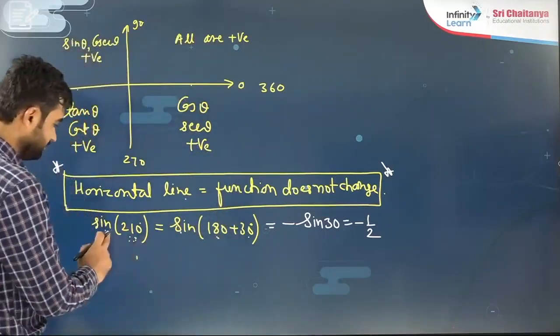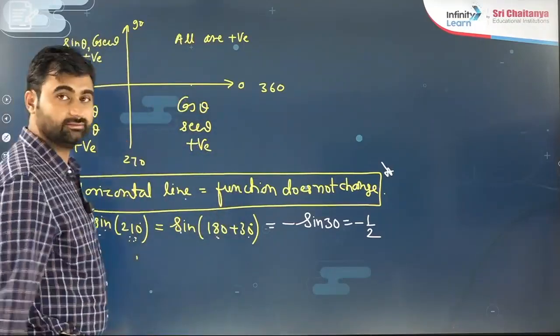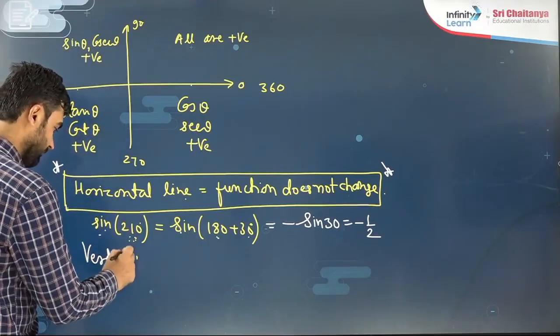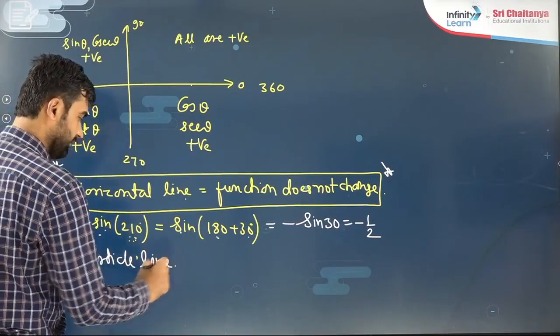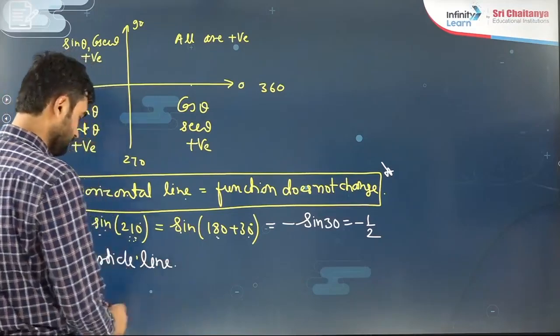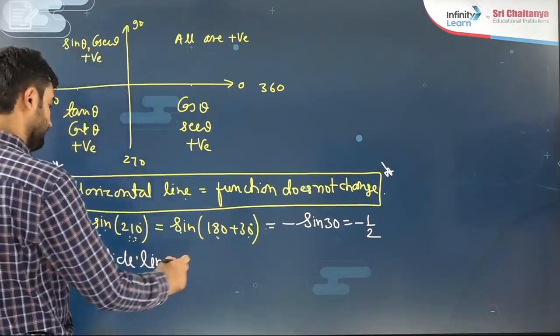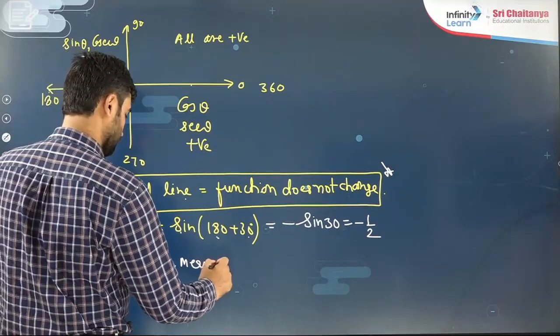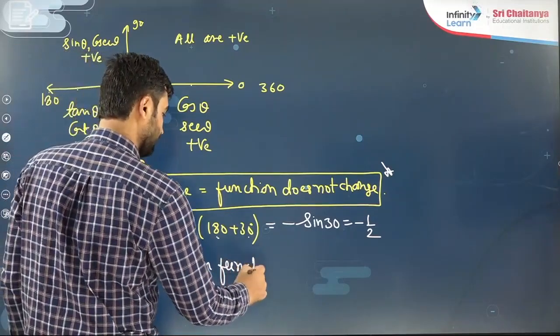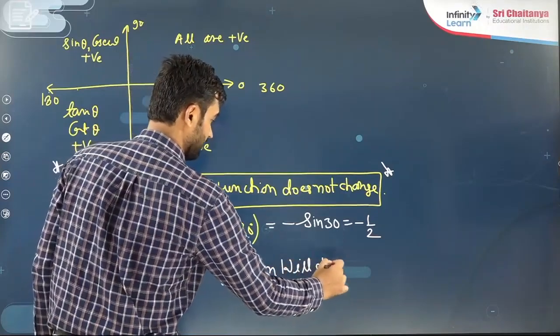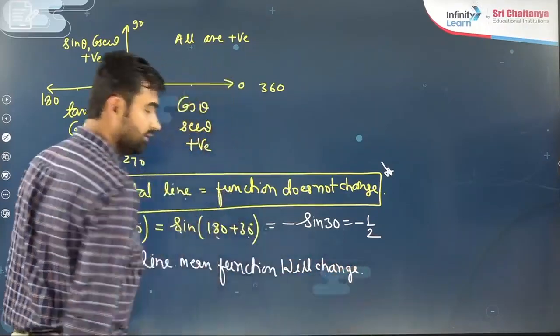Suppose we use the vertical line. Vertical line means the function will change.